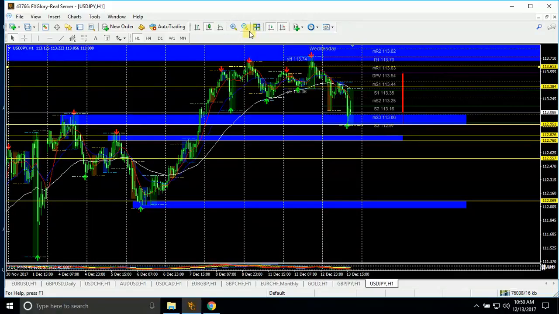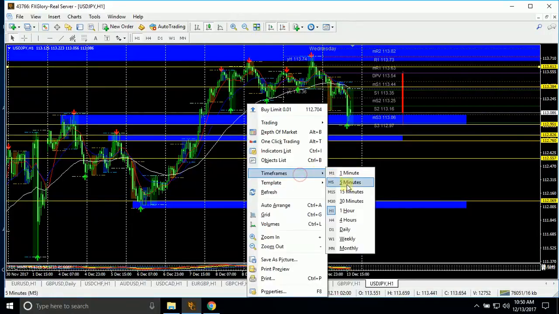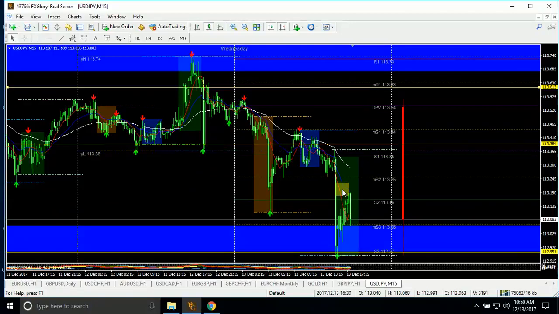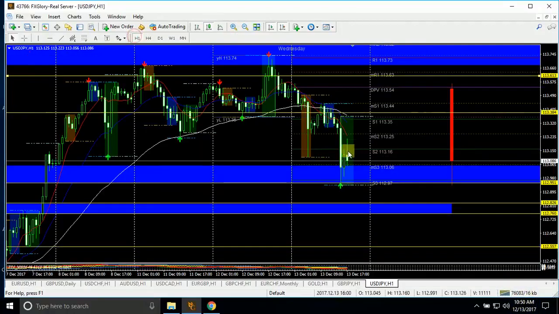Your 15-minute chart is going to be the chart pattern that you use for actual trade execution. So for example, on this current hour candle from 10 to 11, this one right here.